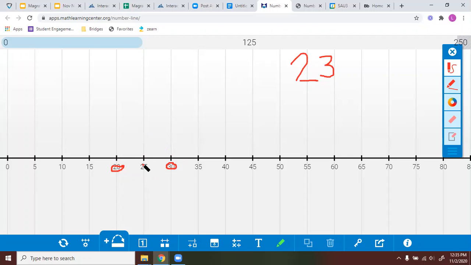So I have 20, 25, and 30. Well, that 3 tells me it's less than this 5. So it would be about here. So this mark of 23 is closer to 20 than it is to 30. So we would say that 23 rounds to 20.